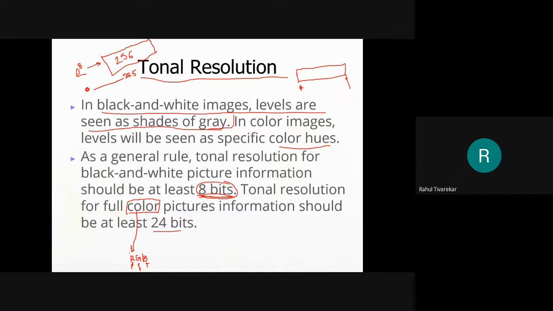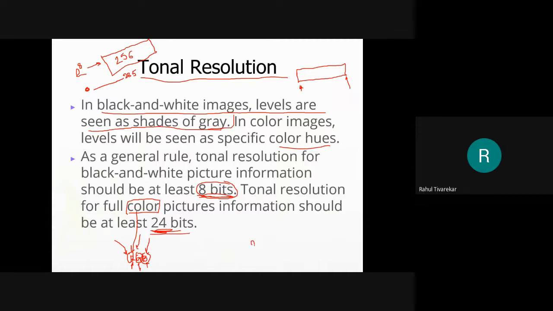This is represented by 8 bits, this by 8 bits, and this by 8 bits. Added together gives you 24 bits. So there are three different color planes, one for red, another for green, and a third for blue. Together they carry 24 bits for the color image, the minimum requirement.